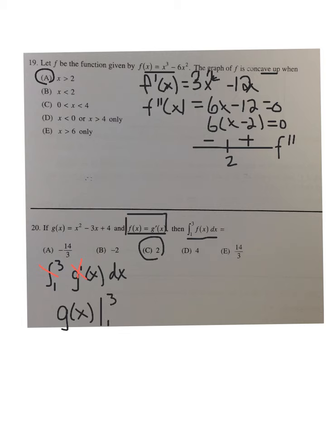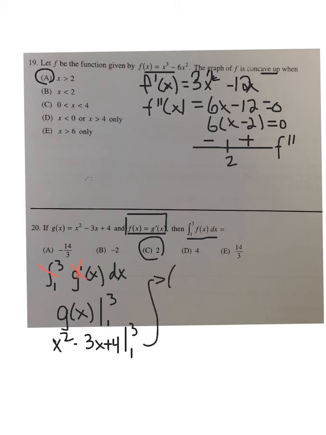So I'm going to take my x squared minus 3x plus 4, and I'm going to plug in the 3 first, and then plug in the 1, and subtract those two.